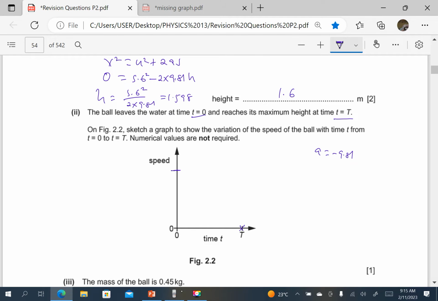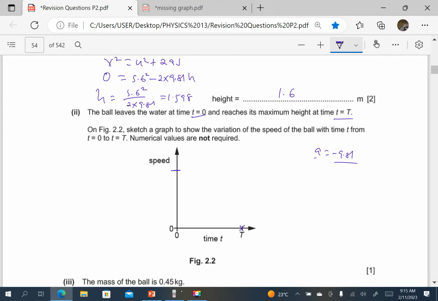So the graph will have a negative gradient because the body is moving upwards, but this is a constant acceleration, so it will be a straight line. A straight line means a constant gradient, which is a constant acceleration, on a speed-time graph.